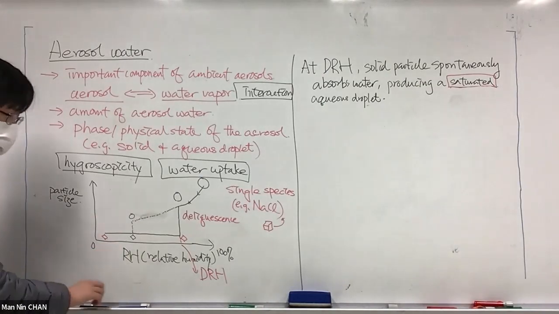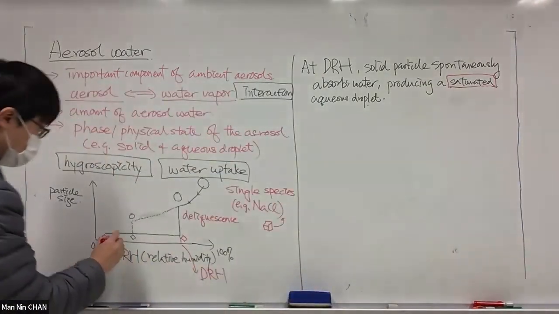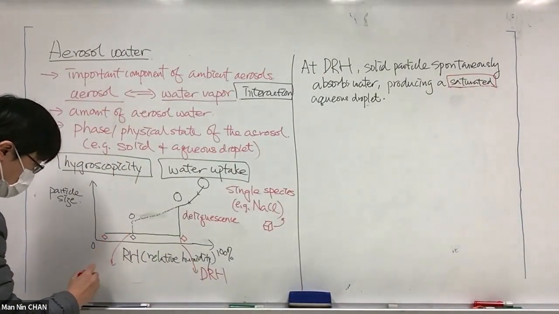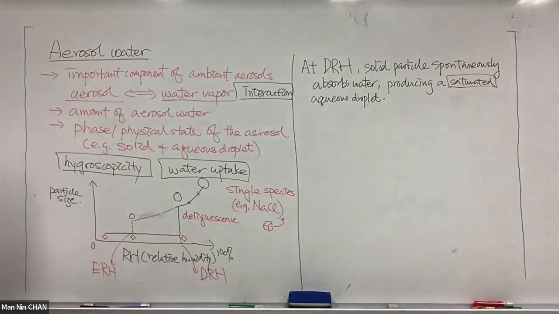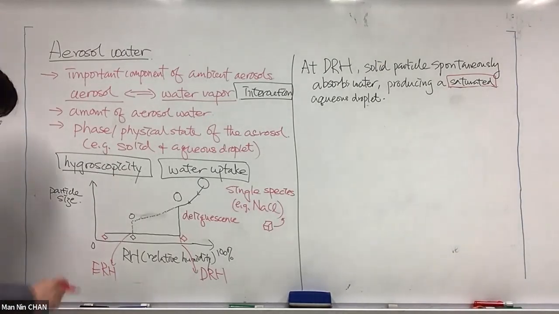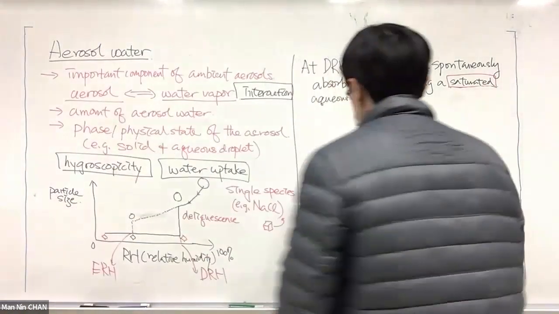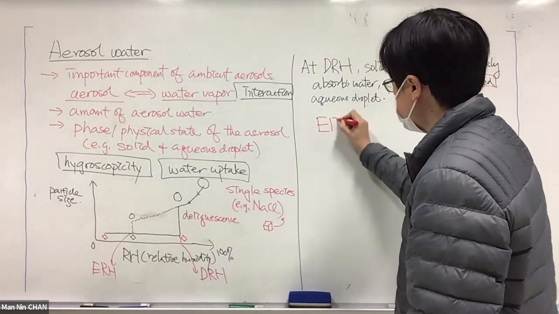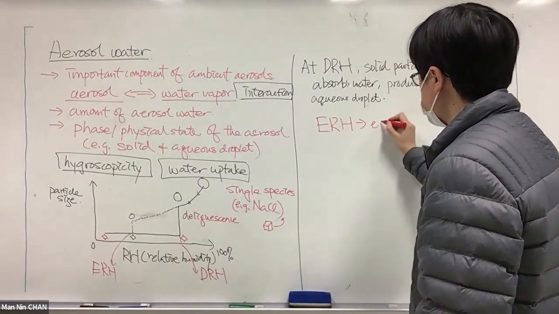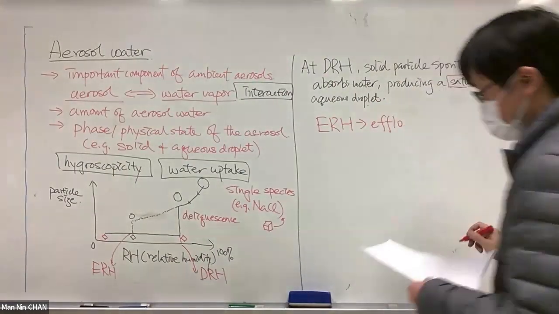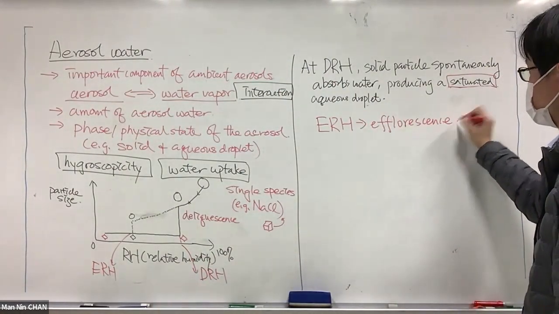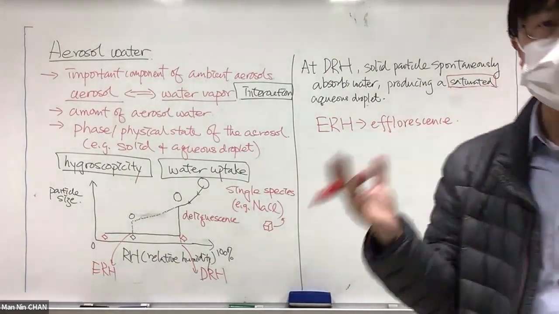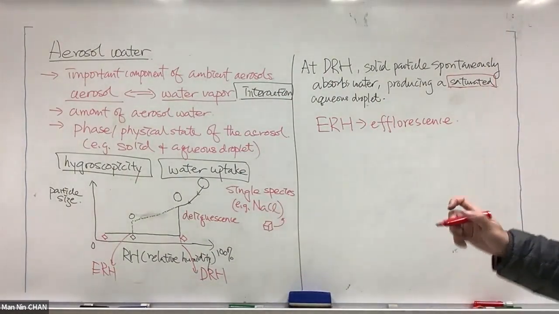This point we call the ERH. E here means the efflorescence. Efflorescence basically means the term we use for crystallization.